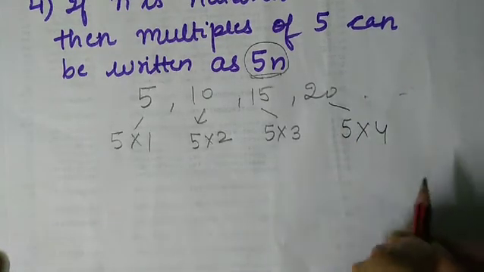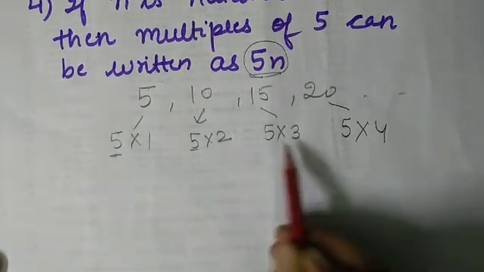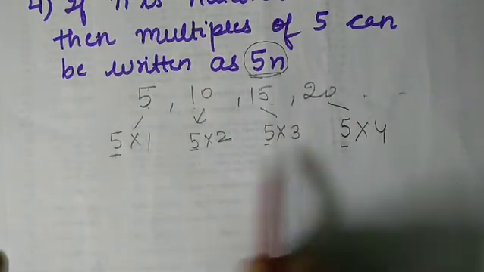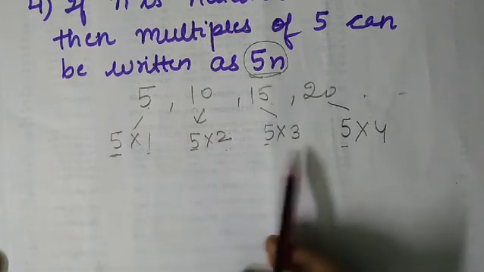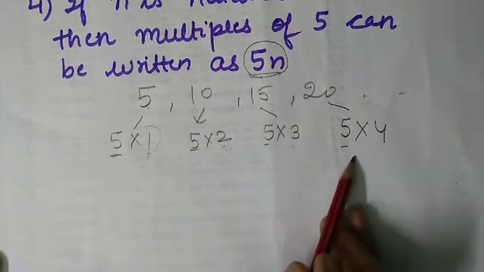Here also we are observing a pattern: the first factor of each multiple of 5 is the same, that is 5, and the second factor is changing, and these are natural numbers. They change in every step and each comes out to be a natural number.